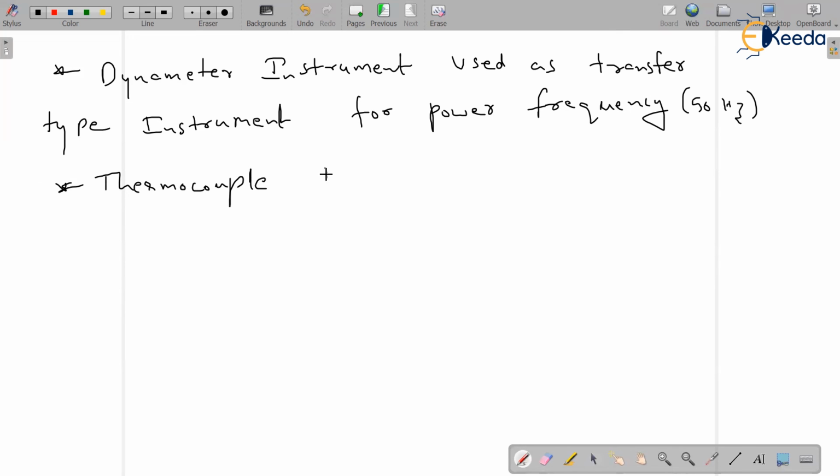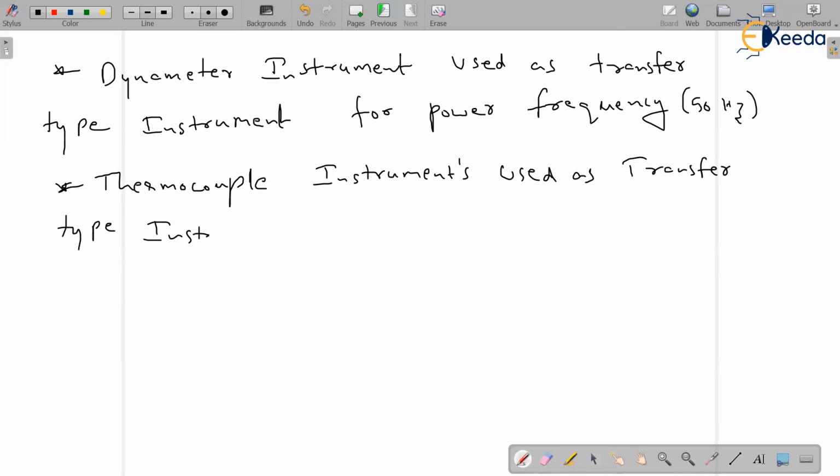Thermocouple instruments are used as transfer type instruments for audio frequency.